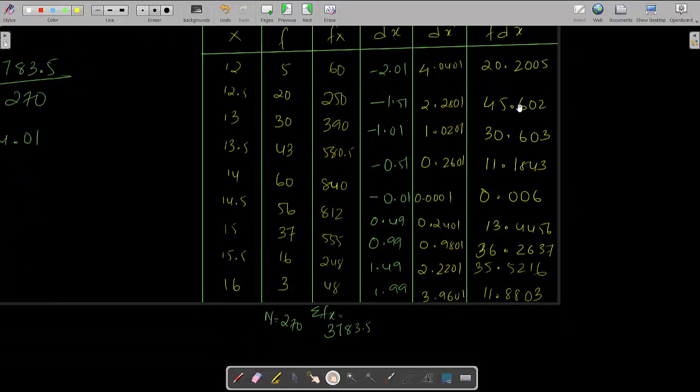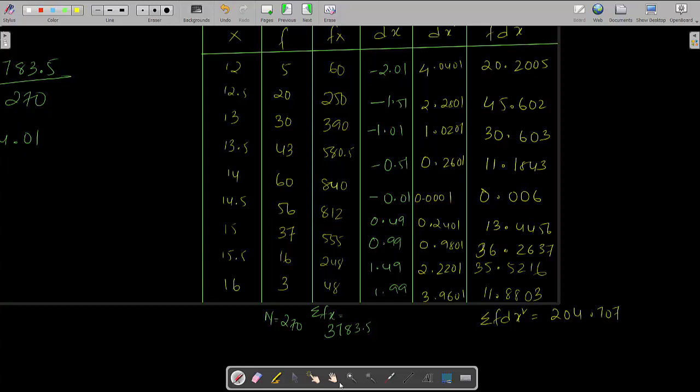Now you can add up all these values and find the sum, sigma f dx squared. So let's write it down here. F dx squared. If you add up all this, you should get 204.707. So this is our value.